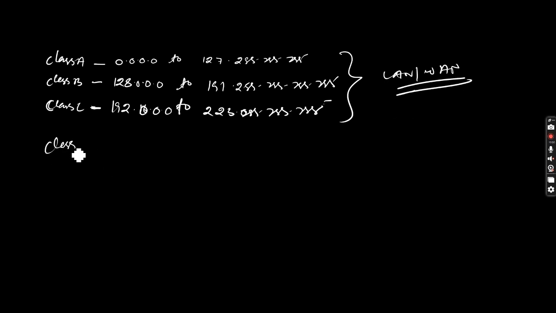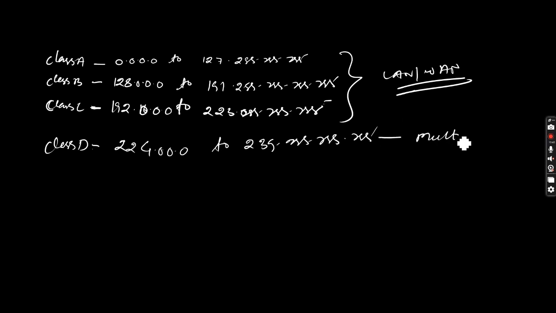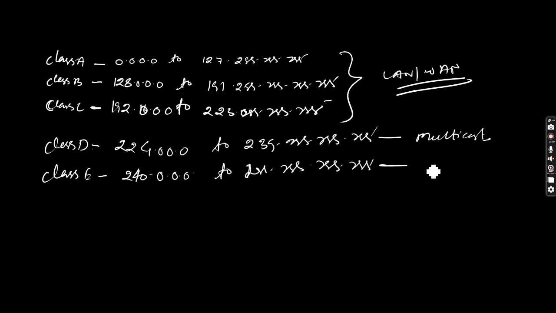When it comes to class D, it starts from 224.0.0.0 to 239.255.255.255, and this is basically reserved for multicasting. And one more class, class E, the range is 240.0.0.0 to 255.255.255.255. This is basically reserved for research and development.